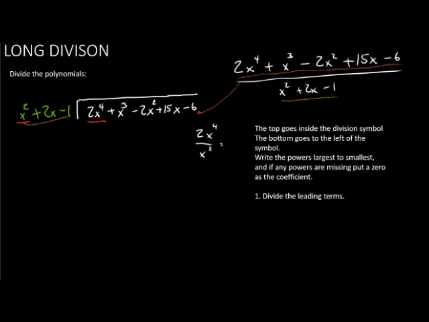If we divide, our constant on the top is 2 and the constant on the bottom is the invisible 1 because we didn't have one written. 2 divided by 1 gives us 2. And then x to the fourth power over x to the second power will have us subtracting the powers and giving us x squared as the power. We'll write that 2x squared on top of the division bar.